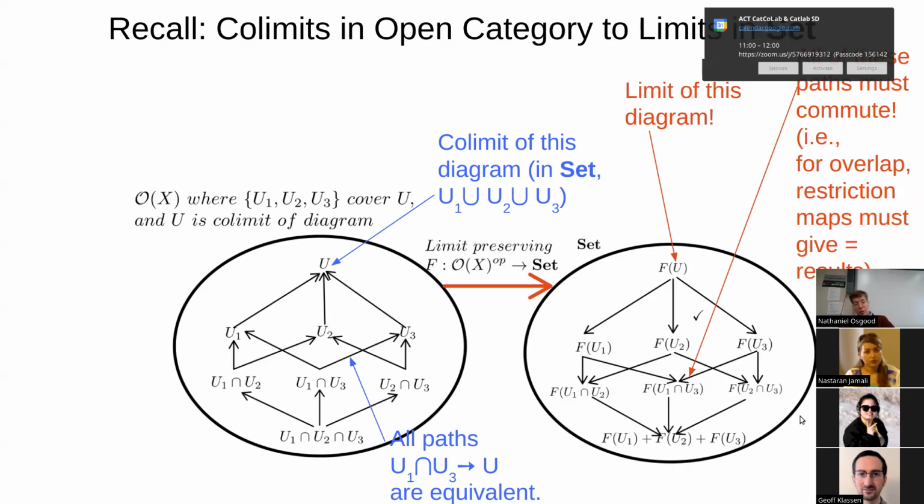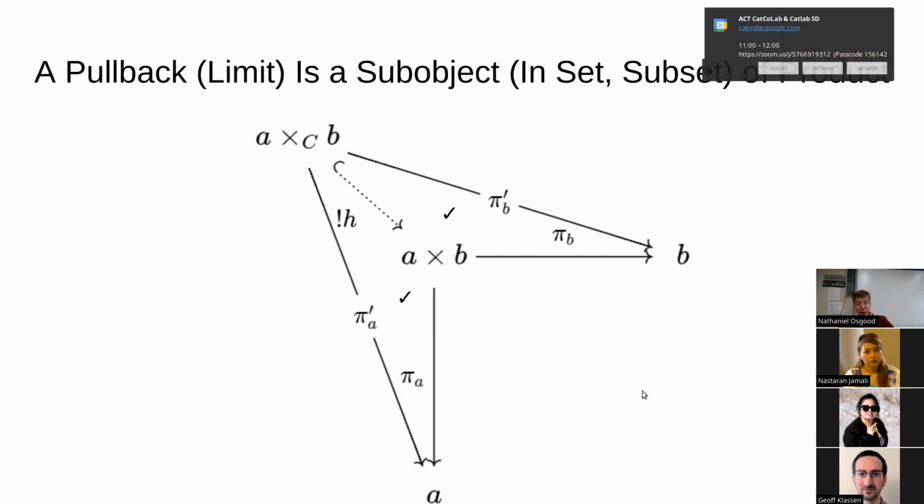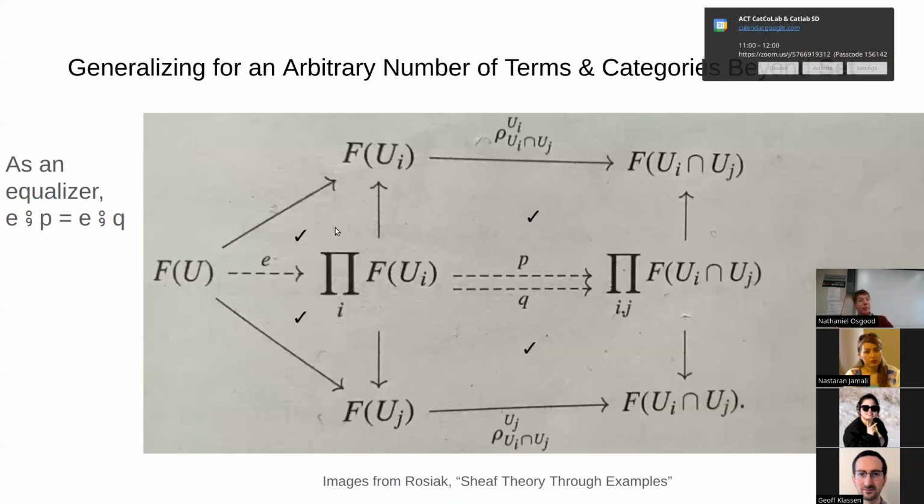Yeah, so here, this is our limit. It's the limit of this diagram, and it has kind of a pullbacky feel. It's not just the product of these, it's the product of these such that all these paths commute. And that is exactly what is being said in this diagram. It's the subset of the product, just like pullback was a subset of a product.